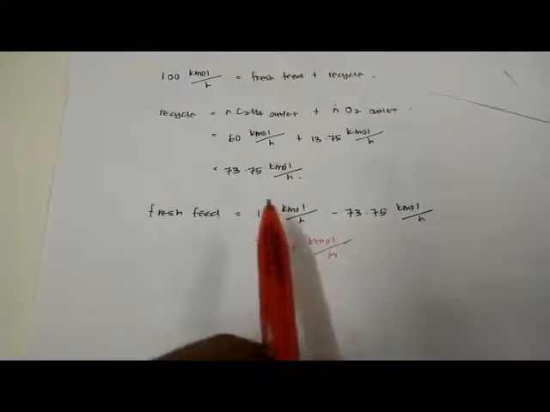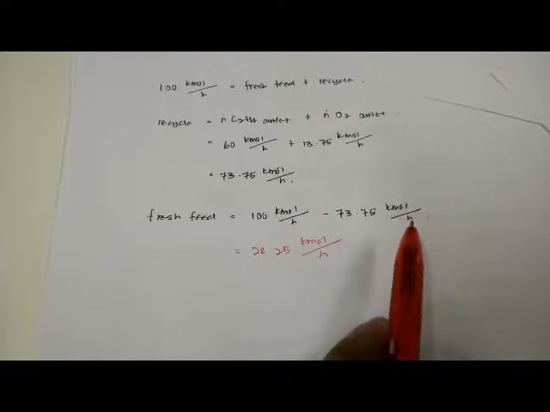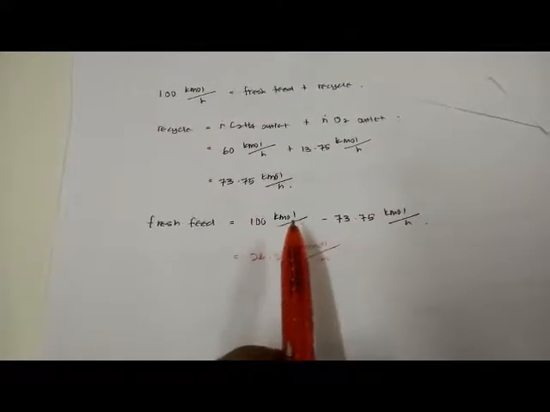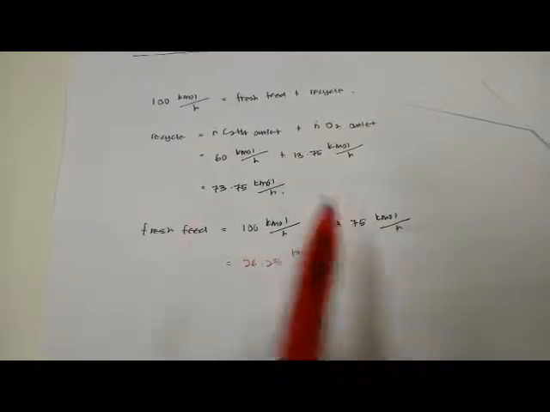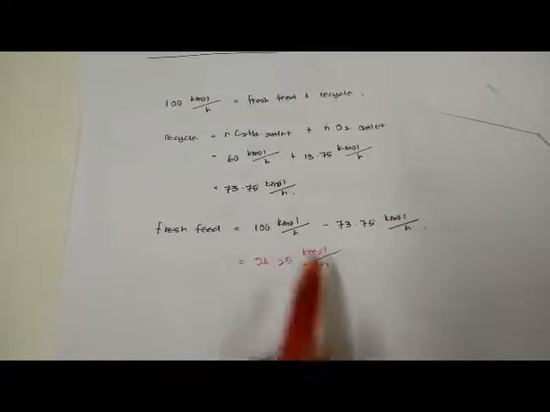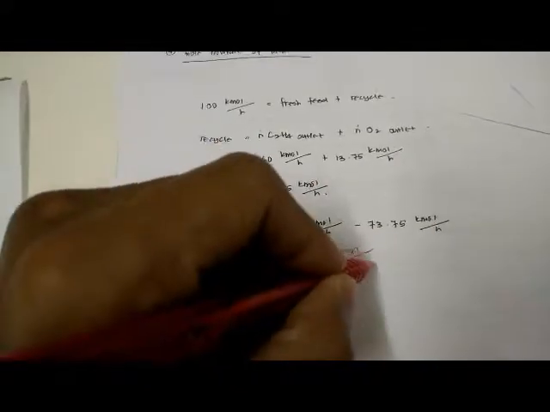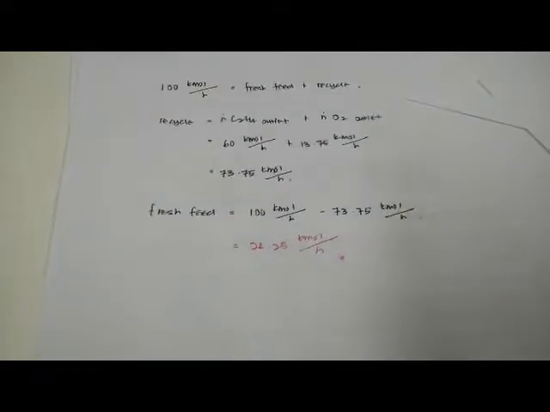To calculate the fresh feed, the total mole flow rate minus the recycle mole flow rate. So 100 kmol per hour minus 73.75 kmol per hour. So we get the answer is 26.25 kmol per hour. So it's done. That's the answer. Thank you.